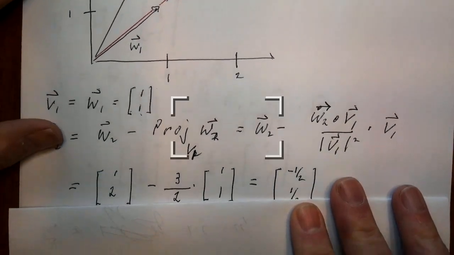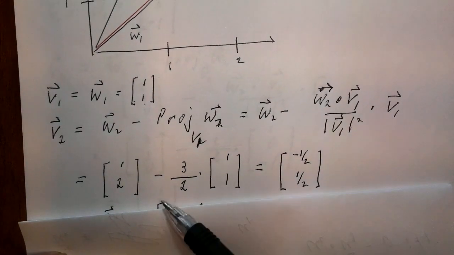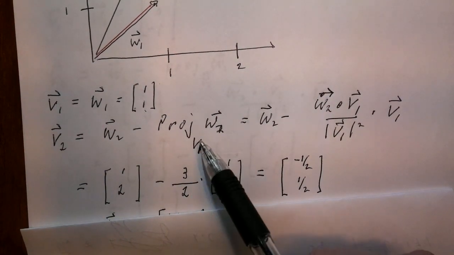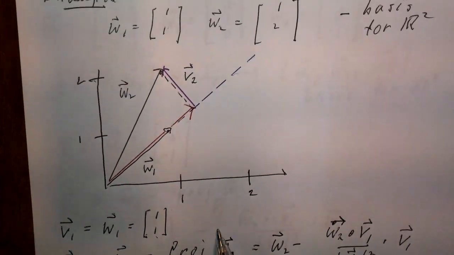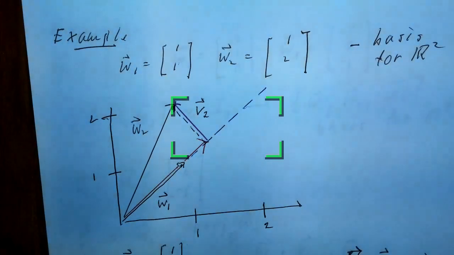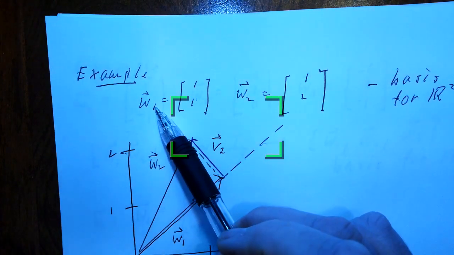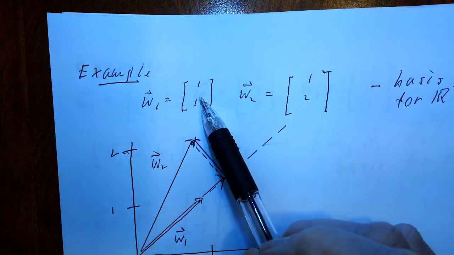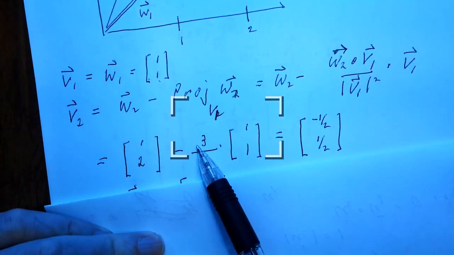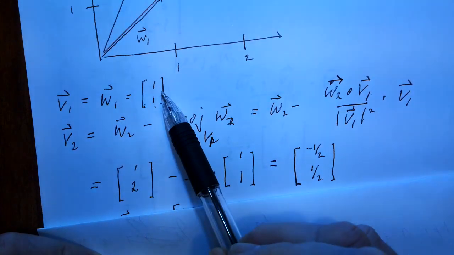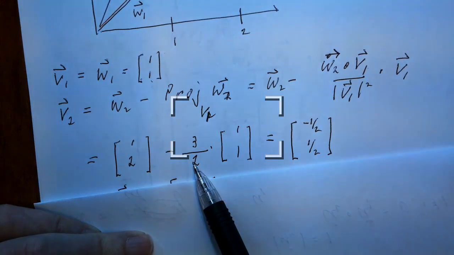So let's go ahead and compute that quantity. W2 was (1, 2), and then we subtract the projection of W2 onto V1. If we take the dot product of W2 with V1, and V1 is W1, we get 3, so that's where my 3 comes from. And if I look at the square of the length of V1, which is W1, I get 2.